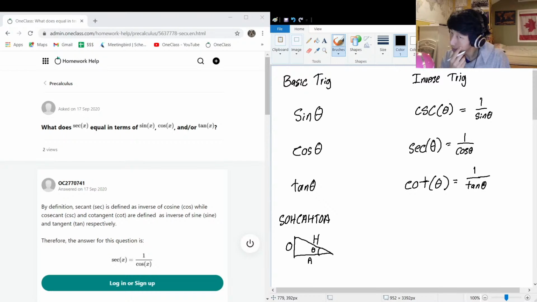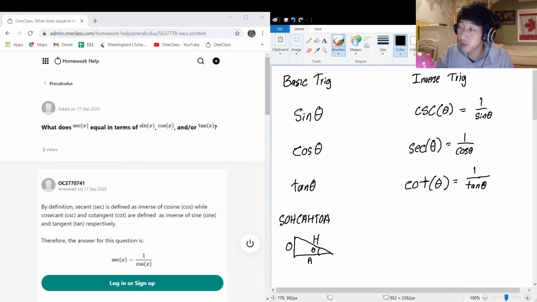Back in the day they would have big long tables, like at 1 degree, sine 1 degree is equal to this, sine 2 degrees equal to this, sine 3 degrees equal to this. They had massive tables corresponding to all possible angles. And it wasn't always easy to calculate the reciprocal of those answers.